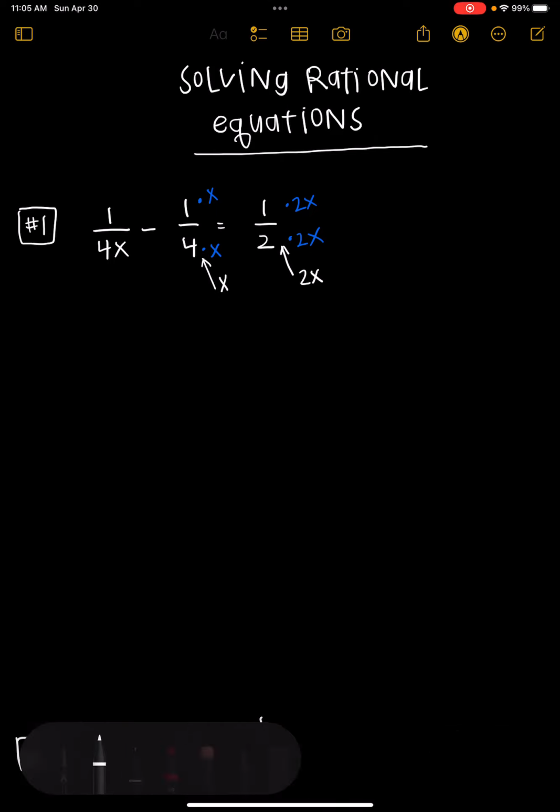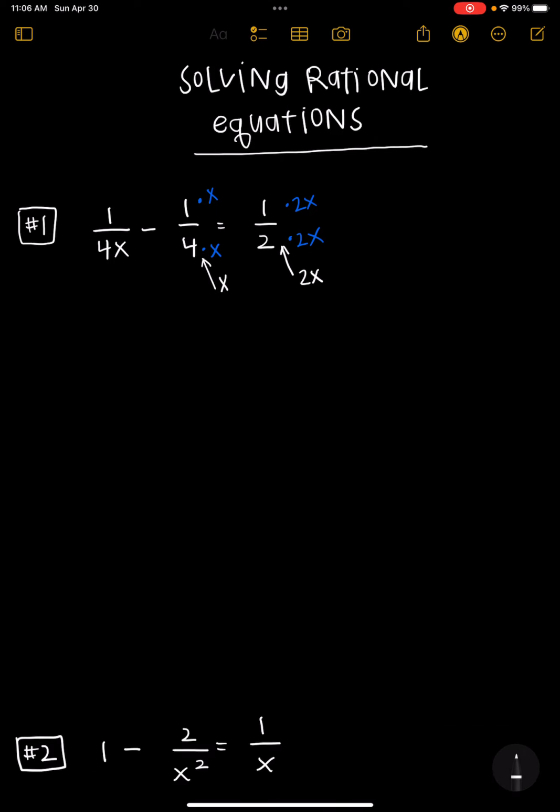All right, so with that said, we would leave the first fraction the same, 1 over 4x, because we didn't do anything to that, and then it's going to be minus 1 times x on the top will just give me x, or I can write it as 1x, over 4 times x, 4x, equals 1 times 2x would just give me 2x, because 1 times anything is itself, and then 2 times 2x would give me 4x.